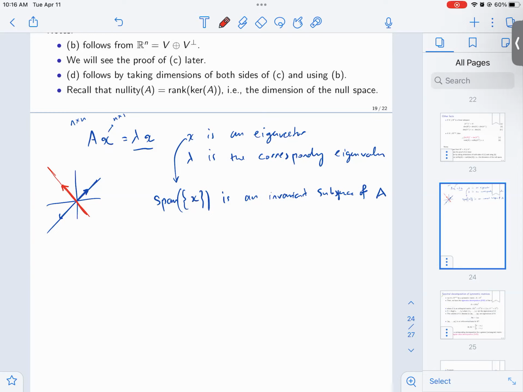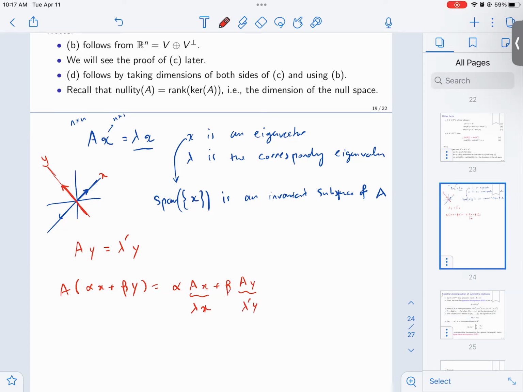Let's say this is x, this is y, and y is an eigenvector with eigenvalue lambda prime. Then A times alpha x plus beta y would just be alpha Ax plus beta Ay, and this would be lambda x.